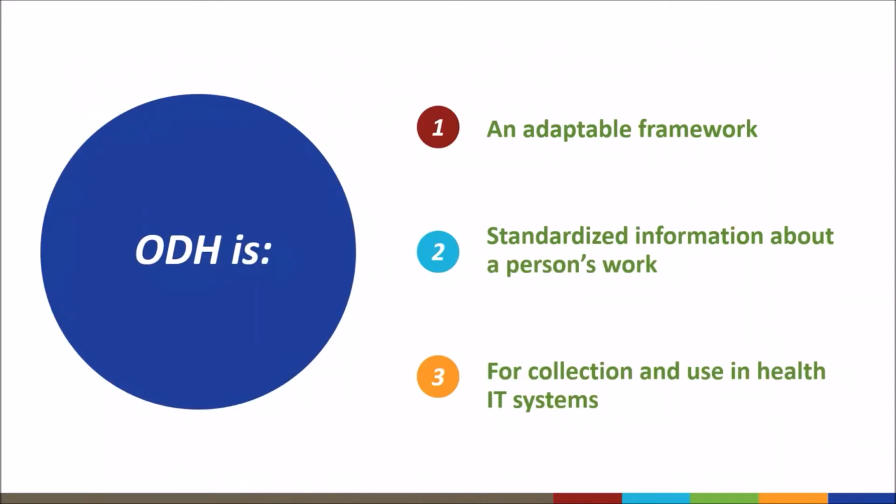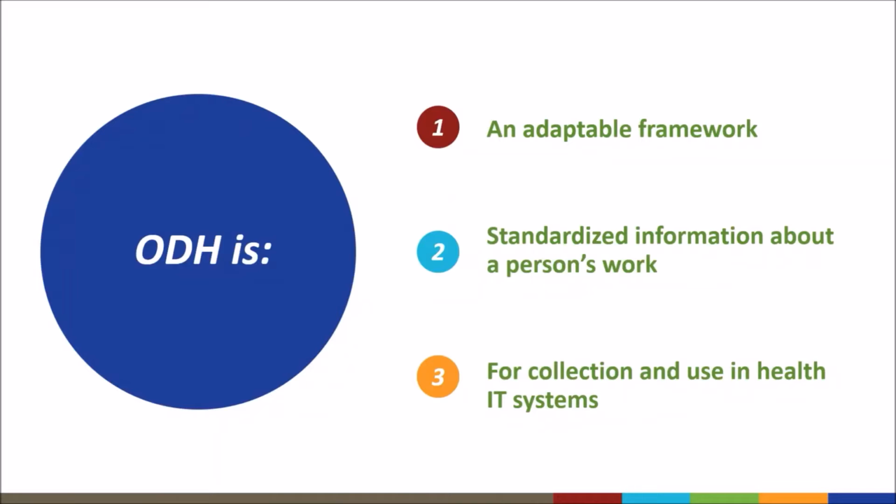ODH describes requirements for work information in health IT systems and lays out what the data are and how they can and should be managed in the system. It's built as a framework and can be adapted in the system to address specific user needs. The data are almost all standardized and therefore computable to support analyses and other uses.